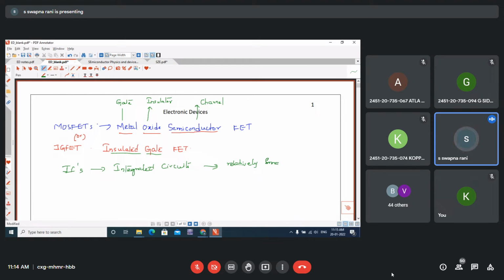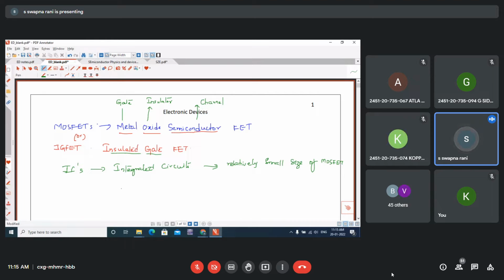Due to the small size, thousands of these devices can be fabricated in a single integrated circuit. Thousands of MOSFETs are integrated or fabricated in a single IC.